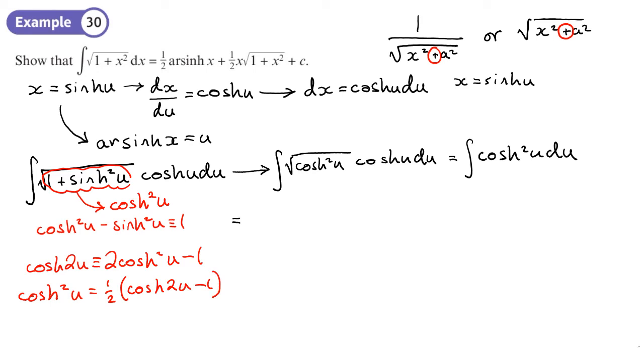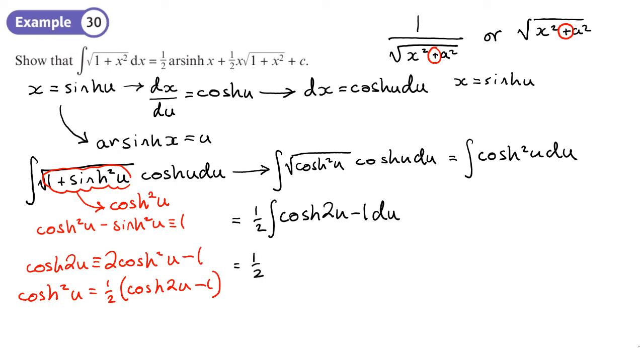So I'm going to make that substitution. So that will give me, and I'm going to move the half to this side of the integration sign, cosh 2u plus 1 du.